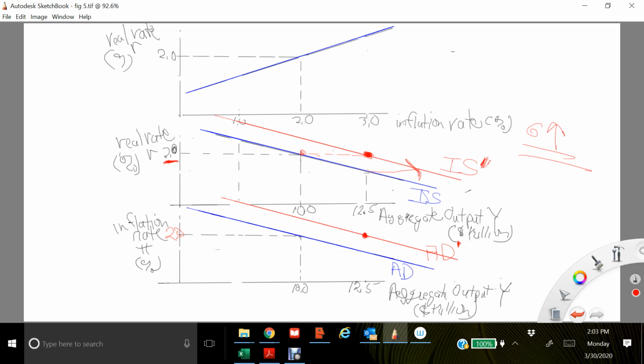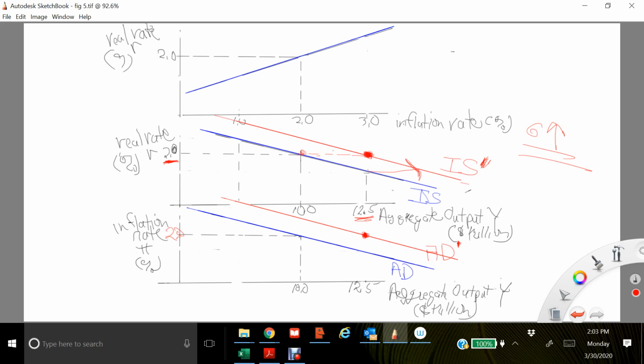It's a lot to memorize, but if you go back to basics, an increase in government spending, we worked out last week in chapter 20, would result in a shift in the IS curve, causing equilibrium output to increase.